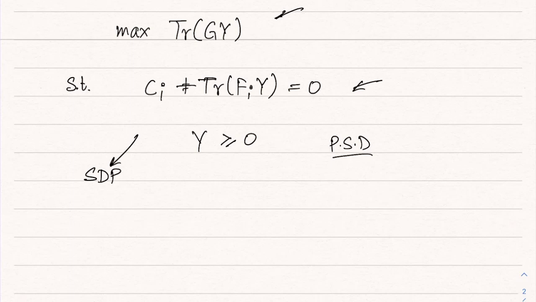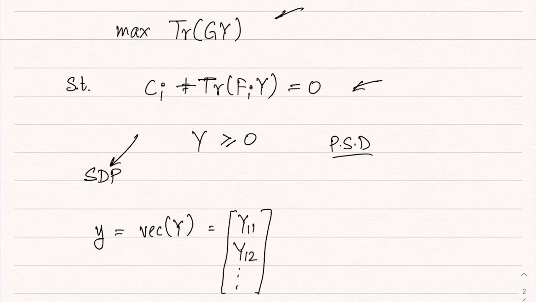To do that, let us say that the vector y is the vectorized version of capital Y. In other words, you arrange the entries of Y like this.